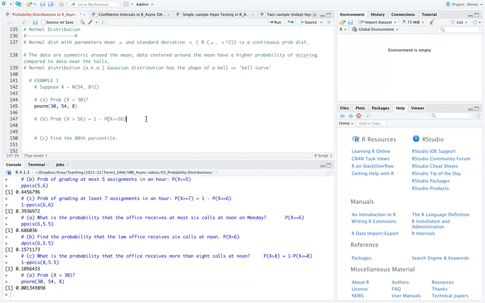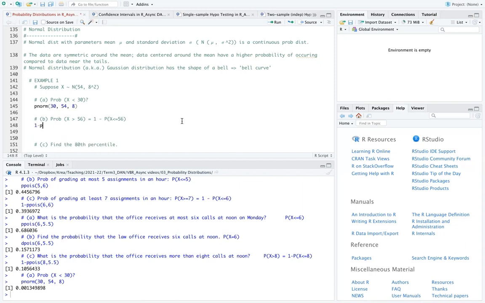Remember that in continuous distributions, greater than is equivalent to greater than or equal to, and less than is equivalent to less than or equal to, because there are no exact probabilities. The probability at a specific value is 0. So whether you use a strict inequality or a weak inequality doesn't matter.